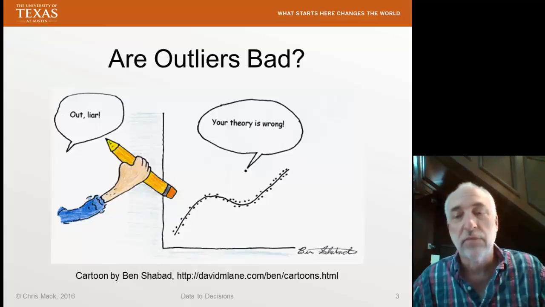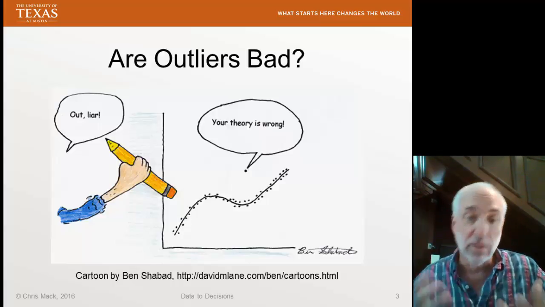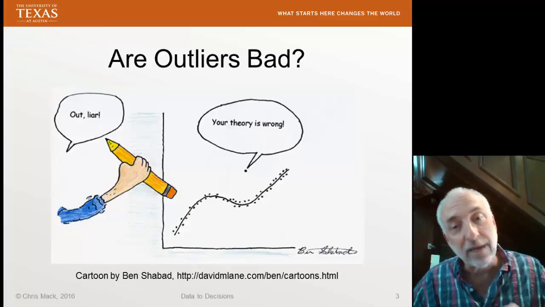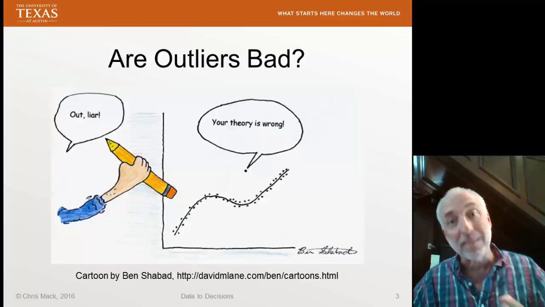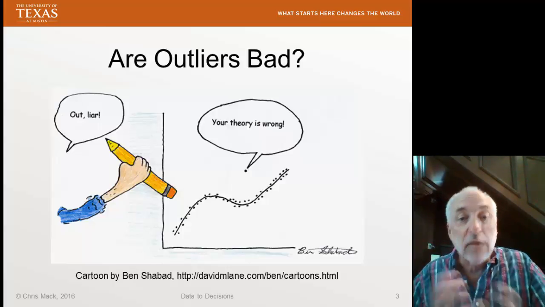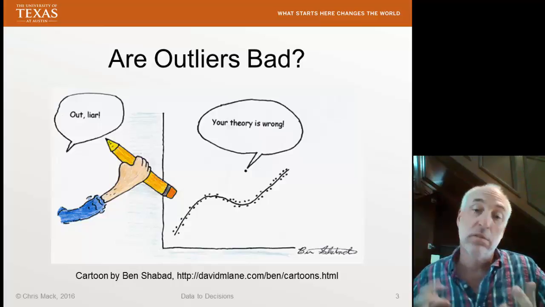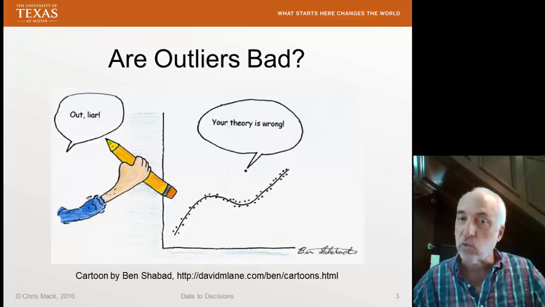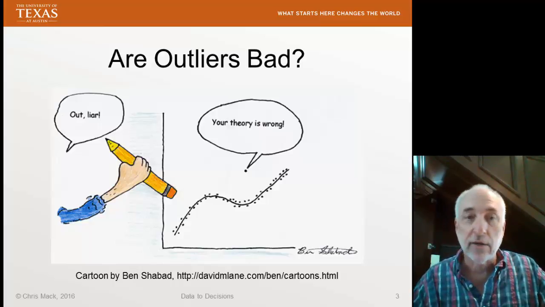Or is it just, as I said, a bad data point because the measurement was bad or the recording of it was bad? Does the outlier have something to teach us about the mechanism that we're studying? Or does it not? This is the big question that we face whenever we see an outlier in our data.